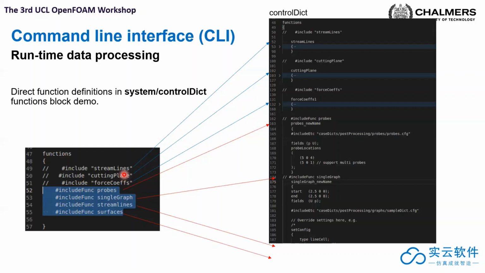For example, the streamline is identical to putting the function object name streamline and then putting the code here. And for the cutting plane, you put another function, cuttingPlane, and put the code here. So it's exactly the same.